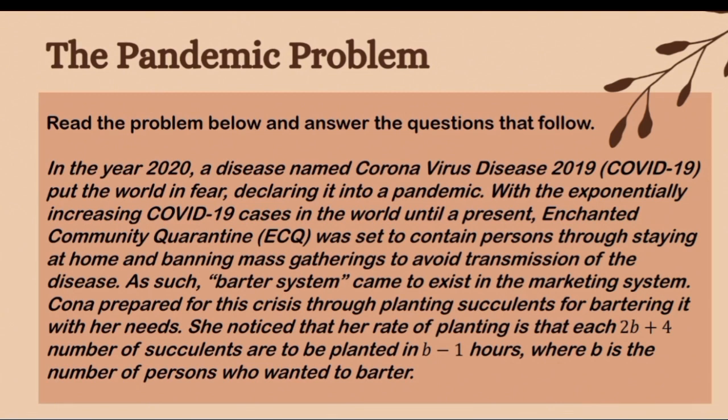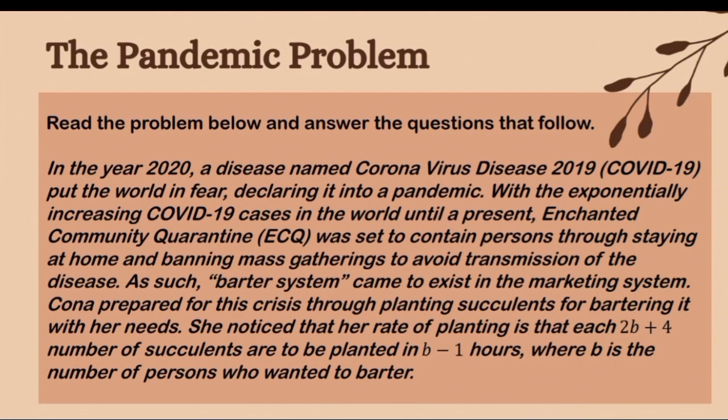Enhanced community quarantine (ECQ) was set to contain persons through staying at home and banning mass gatherings to avoid transmission of the disease. As such, the barter system came to exist in the marketing system.